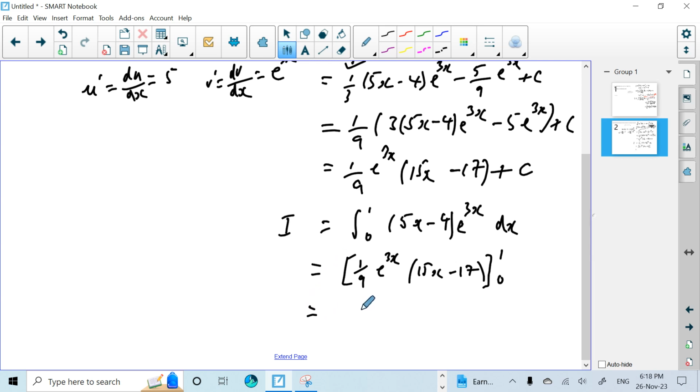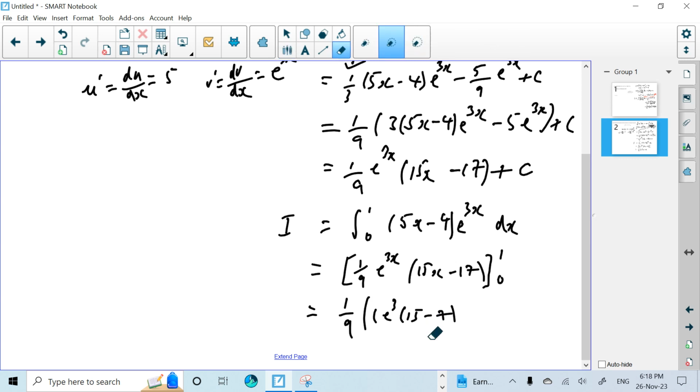And what do we have? Well, I'll write it out, even though you could put everything now in your calculator. We've got e to the 3, and then 15 minus 17, got to be careful here, taking a lot of time, so we don't want to make too many mistakes.